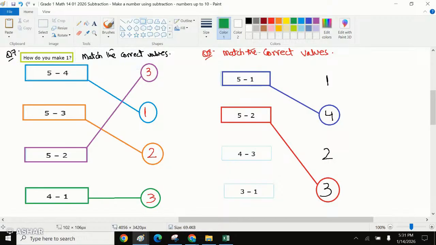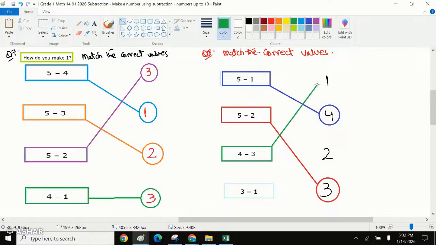What about 4 minus 3? If we open up 4 fingers, we close 3: 1, 2, and 3. We are left with 1. Or we have 4 candies. We gave away 3. How many should we be left with? 1, right? 4 minus 3 is 1.